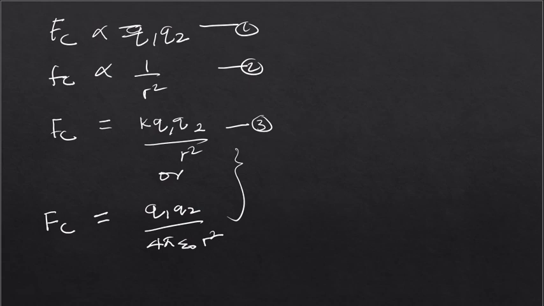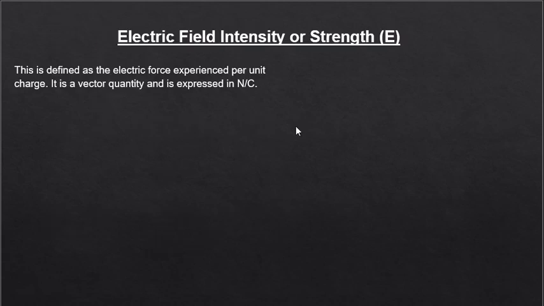All right, so the second aspect we want to talk about is the electric field intensity, or the field strength, which is defined as the force experienced per unit charge. The force experienced per unit charge.